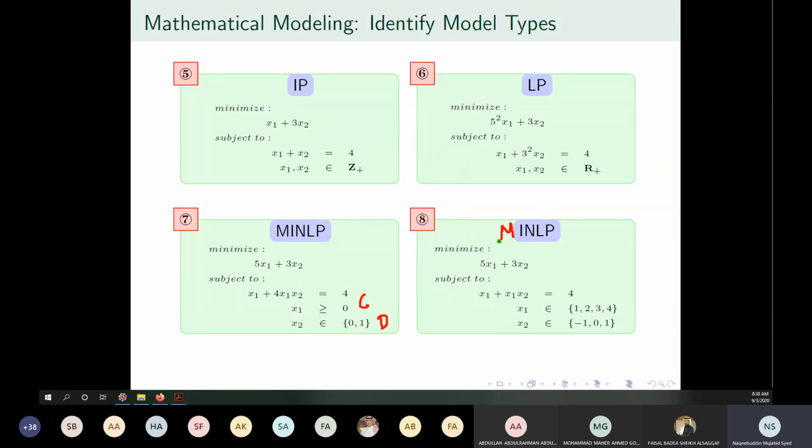Like here, it is IP, but in general it is always called MIP. Even if all variables are discrete, or some discrete and some continuous, it is called MIP. So MIP and MINLP are general terms, and that's why I included it here. But if you want to be very precise, INLP means all variables should be integer, whereas MINLP means some continuous and some discrete. That's the small difference between MINLP and INLP.